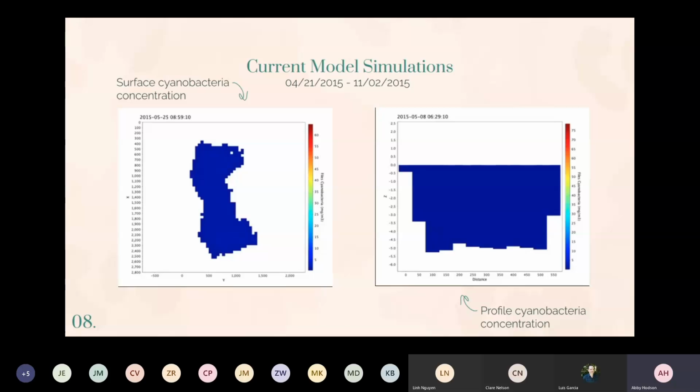So as we look at this blue, we see that it starts off pretty slowly, pretty low concentration as the water is cold. And then as snow starts melting and storms start happening and mixing occurs, we start to see concentrations rise.